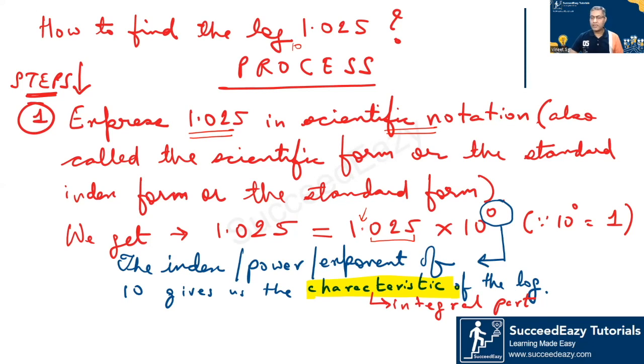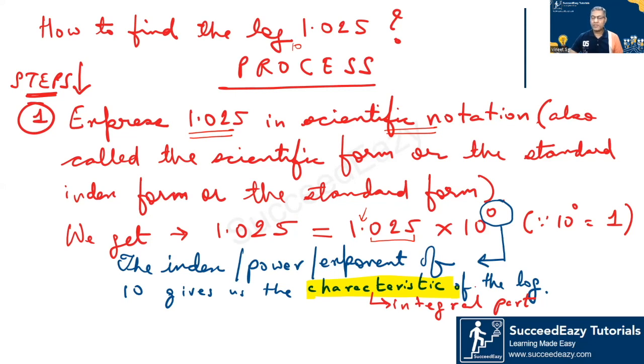I need to get the same thing that is already visible, that is 1 point something. So I multiplied it by 1, that is 10 to the power 0. Now the exponent of 10, that is the power of 10, gives me the characteristic of the log.